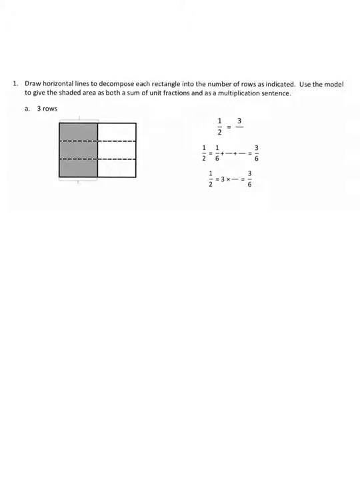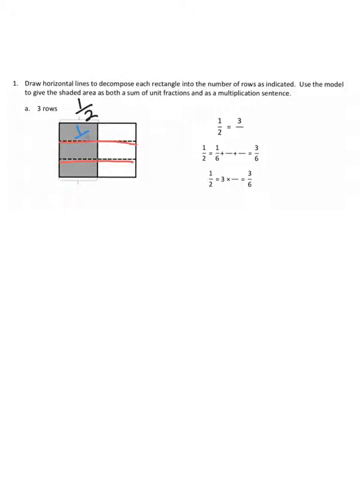Well, if we look over here, we see that this area model was broken up into a half, right? But then since we added these 2 lines and made 3 rows, we now have a new denominator of 6.